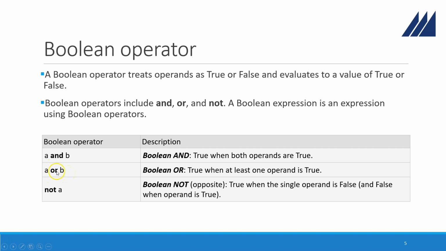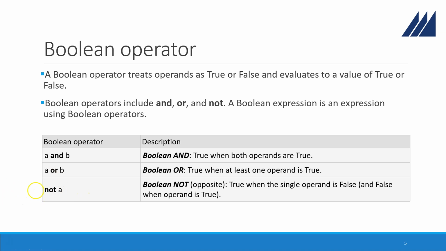Think about A and B as each one being a different condition that will result either true or false. So in the or, I just need one of them, either A or B, to be true to make the result true. If both of them are false, it's going to give me false.